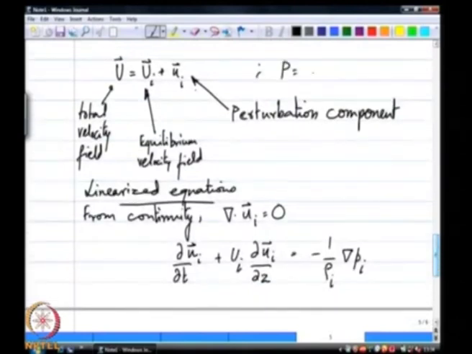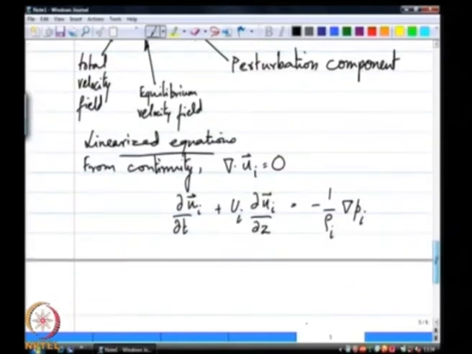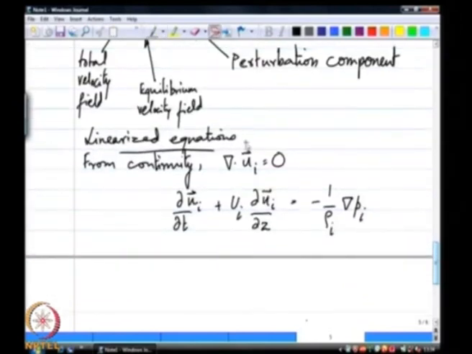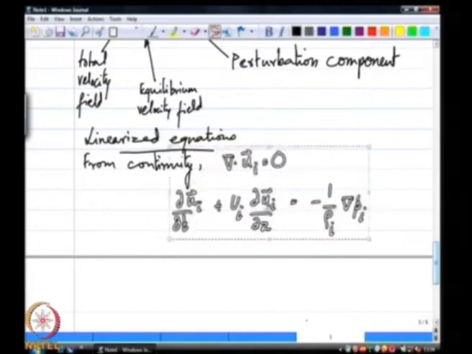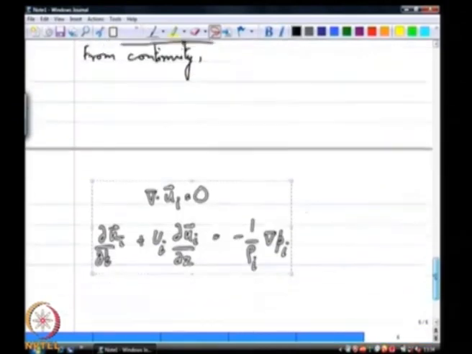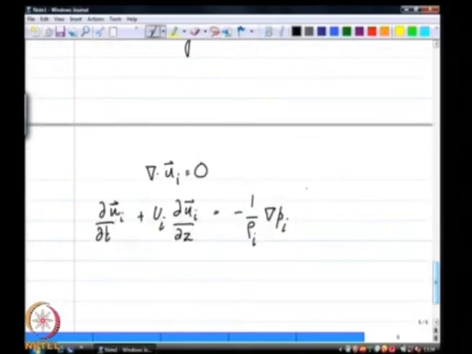So, if I take the total pressure to be equal to this P I plus little p I, just like we wrote in the previous case, okay.